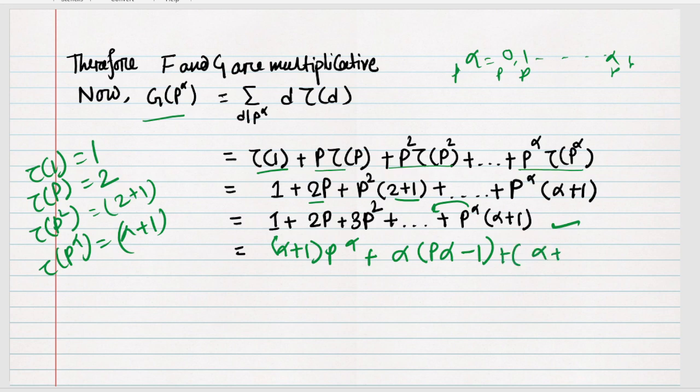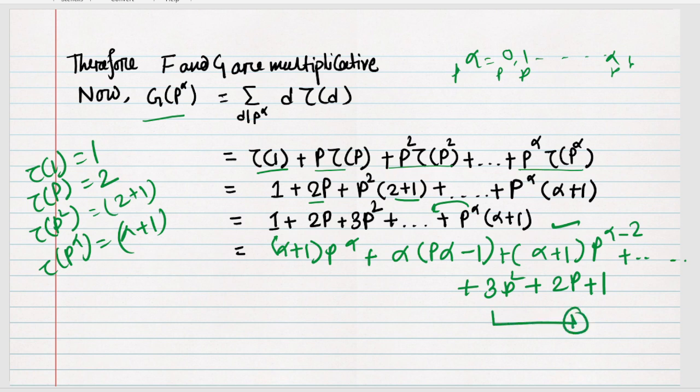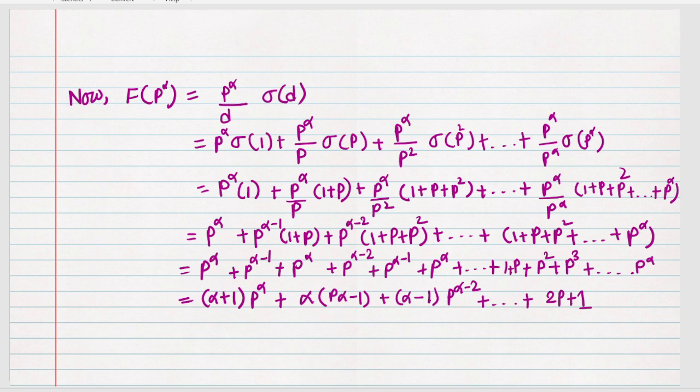Then alpha plus 1 p raised to the power alpha minus 2, plus so on, and at last we have 3p square plus 2p plus 1. We will call this polynomial number 1.